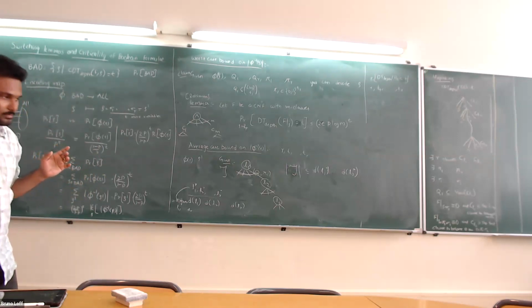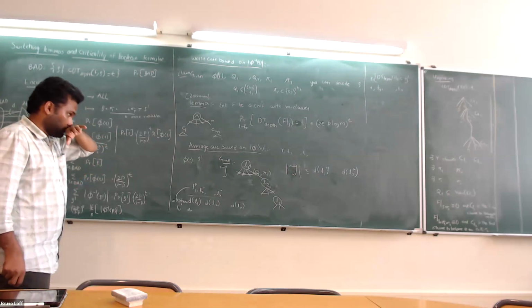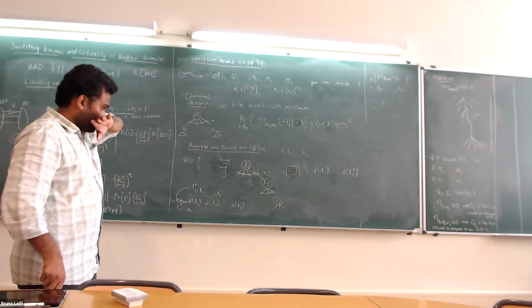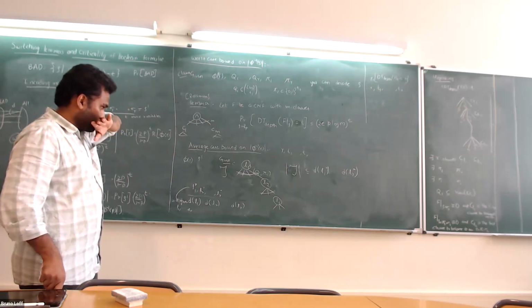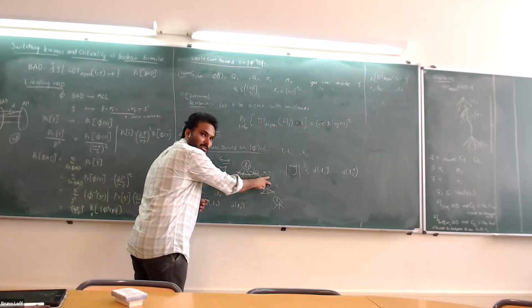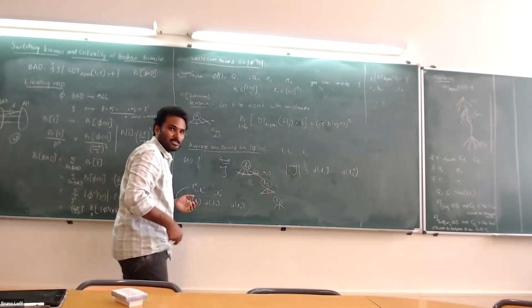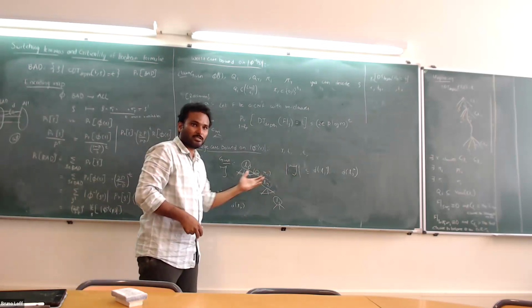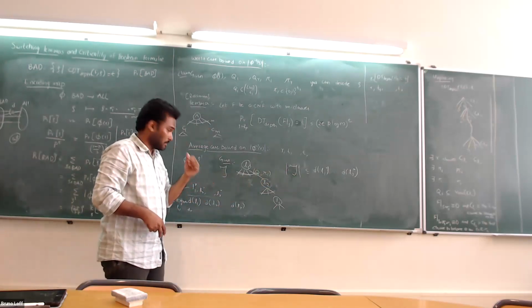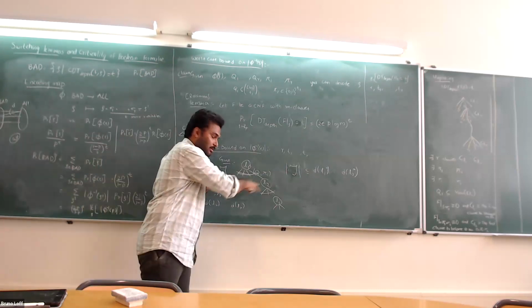So D of L1 is just a degree. First step, you can probably do it by induction. Let's assume that the size of each of these subtrees is upper bounded by such a quantity.